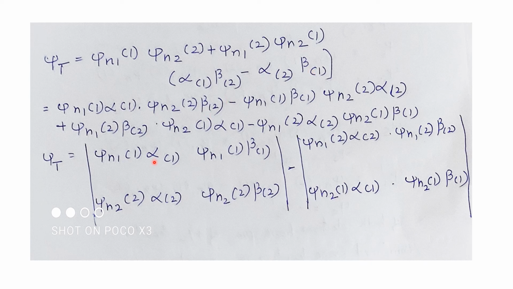This can be expressed in the determinant form as psi total is equal to determinant of psi n11 alpha 1, psi n11 beta 1, psi n22 alpha 2, psi n22 beta 2, minus determinant of psi n12 alpha 2, psi n12 beta 2, psi n21 alpha 1, psi n21 beta 1.